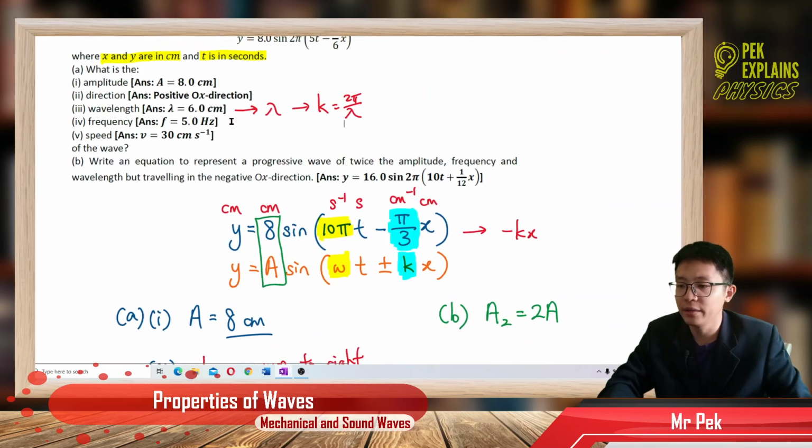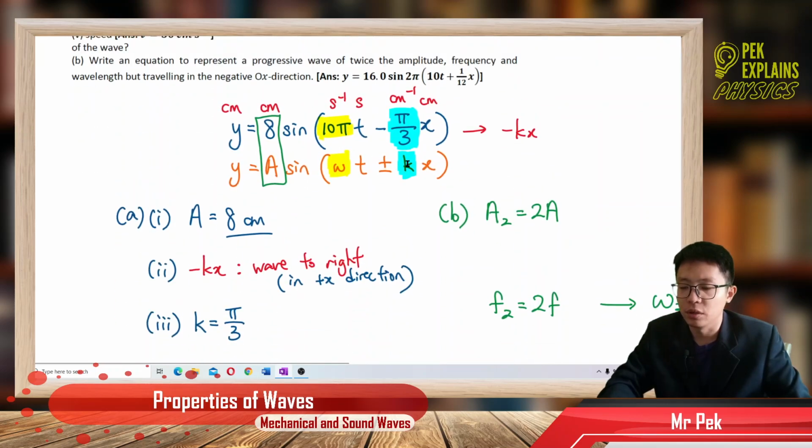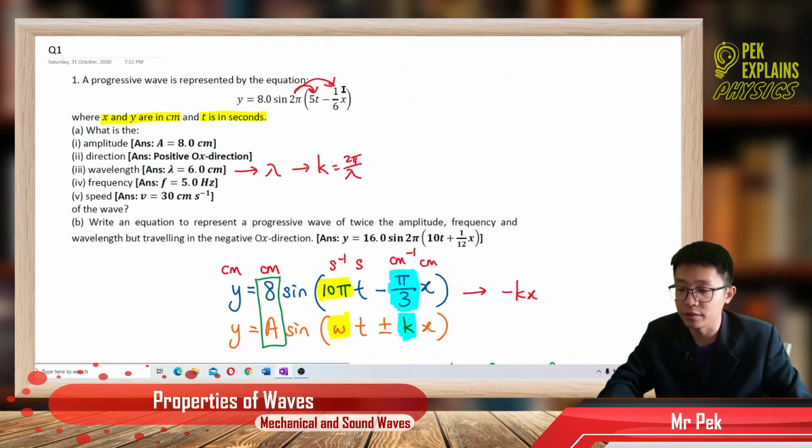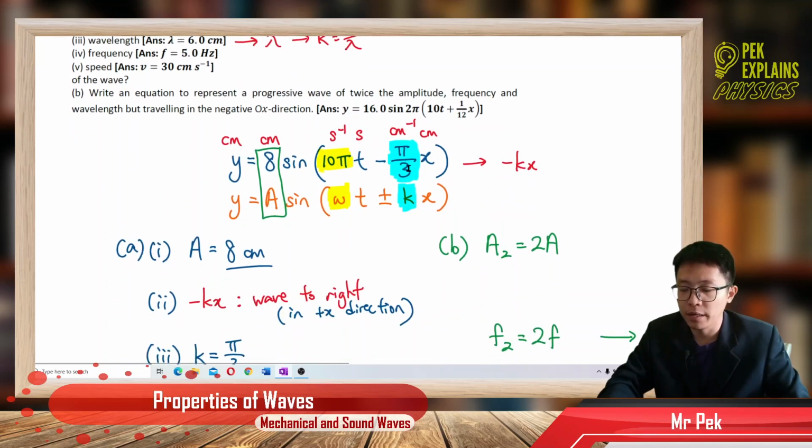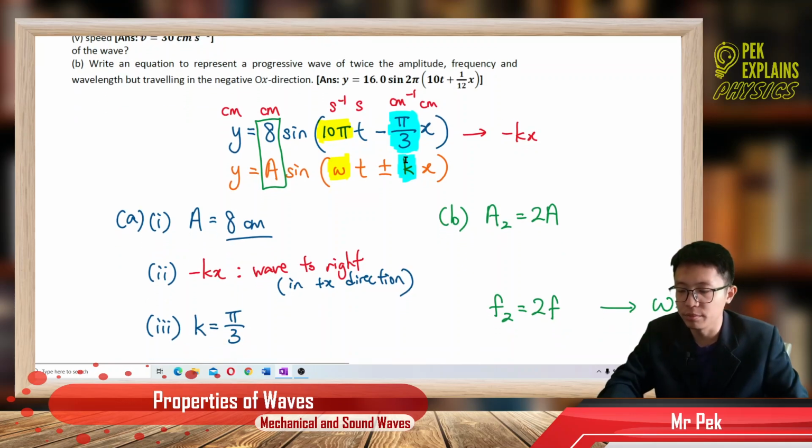Our wave number is π over 3. Remember, you must multiply inside first. The k is not 1 over 6. The k is after you multiply 2π into 1 over 6, which is π over 3. This π over 3 is k. So be careful.